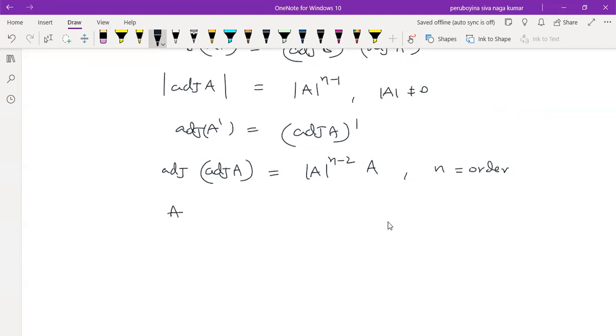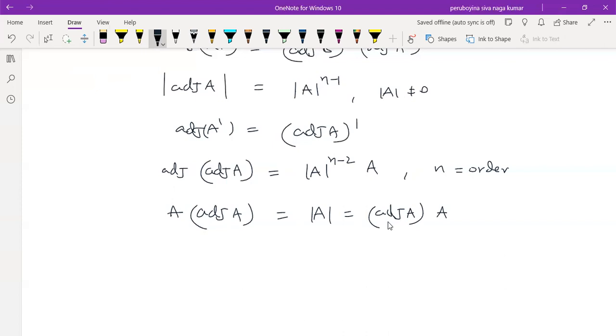A into adjoint A is equal to det A, and this is also equal to adjoint A into A.